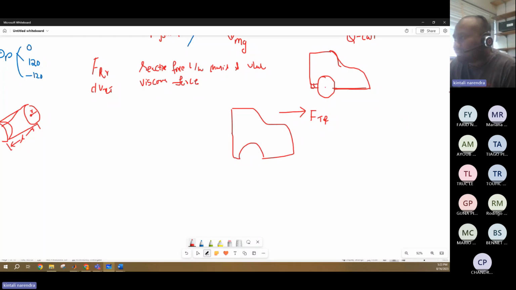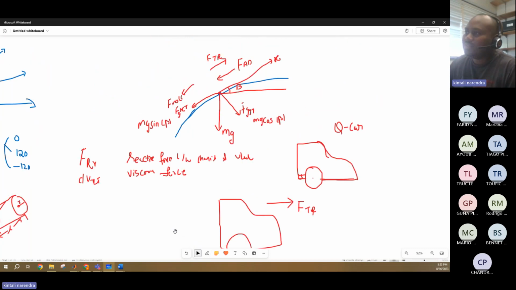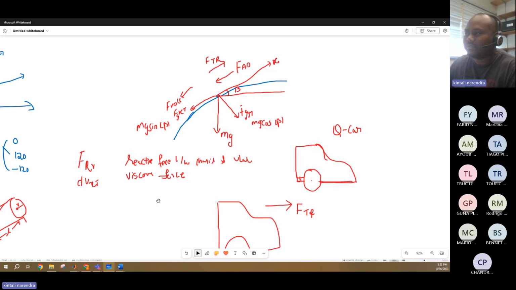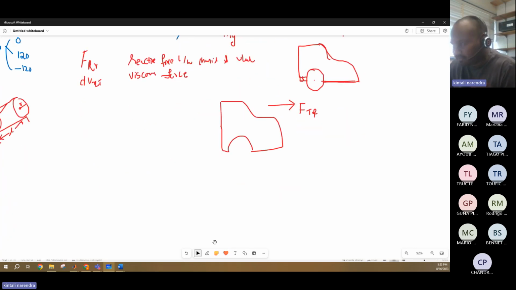So the tractive force is pulling the vehicle. Now, the forces acting against the vehicle: FAD, which is the aerodynamic force, and F roll, the frictional force.